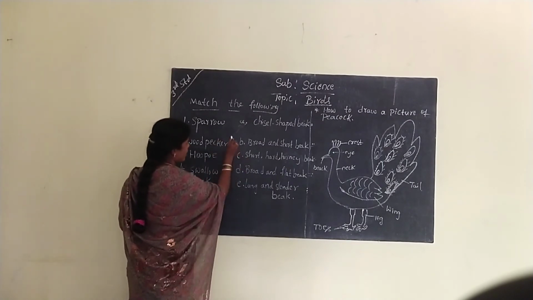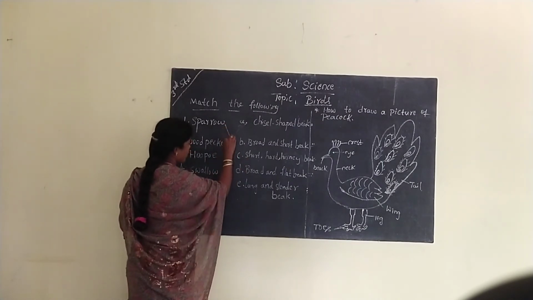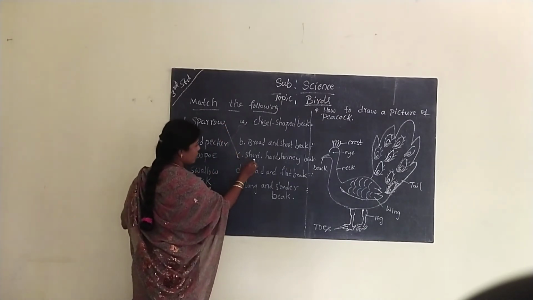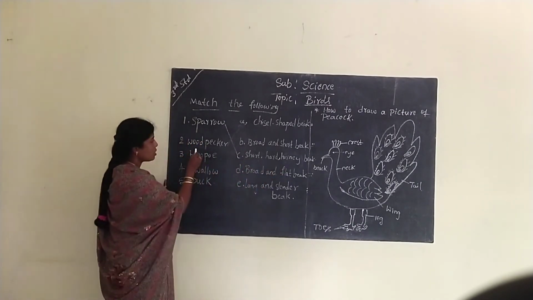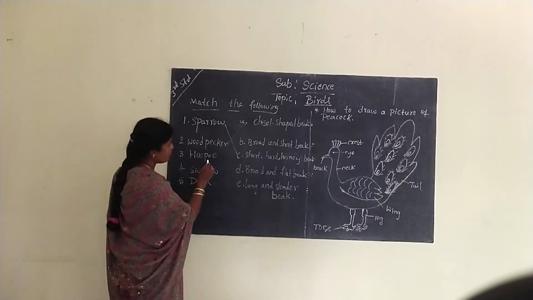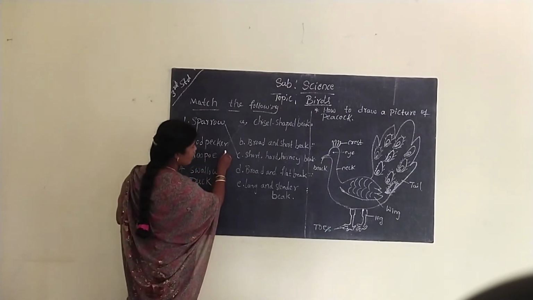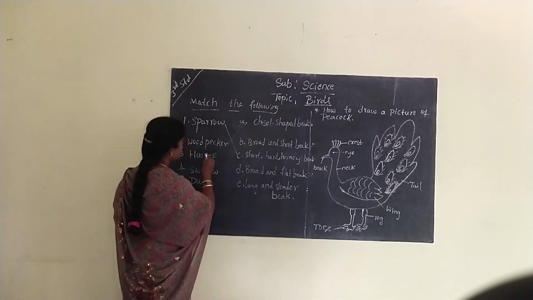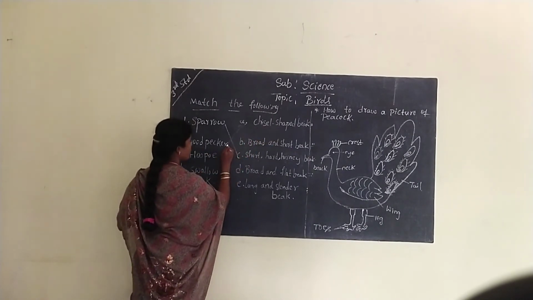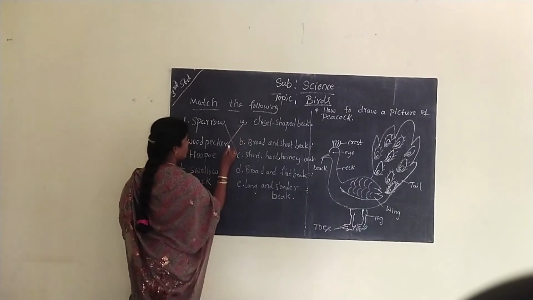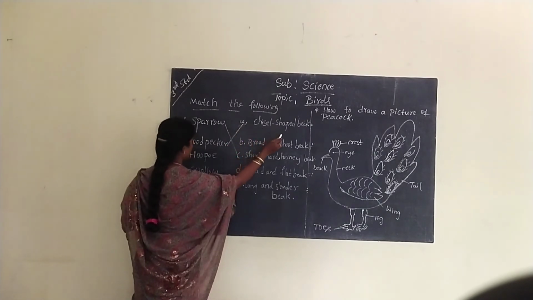You have to match sparrow to C, that is short, hard, horny beak. Next one is woodpecker. Woodpecker has a scissor shaped beak. You have to match woodpecker to A, that is scissor shaped beak.